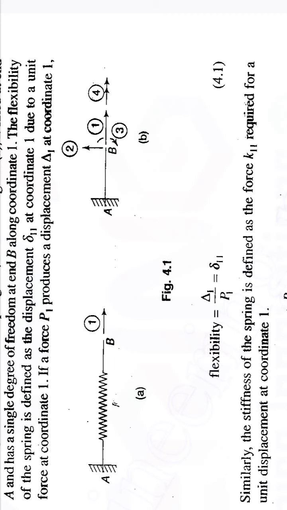If you go to diagram 4.1a, you can see the spring which is fixed at one end and the other end is free, and a force P1 produces a displacement at coordinate 1. This coordinate represents the displacement which is acting.